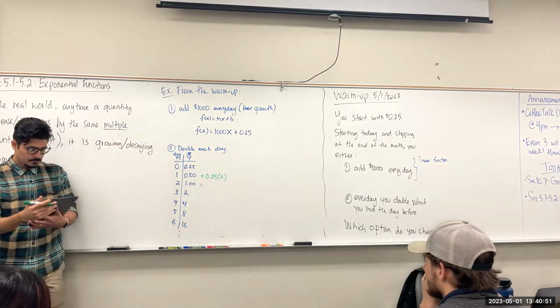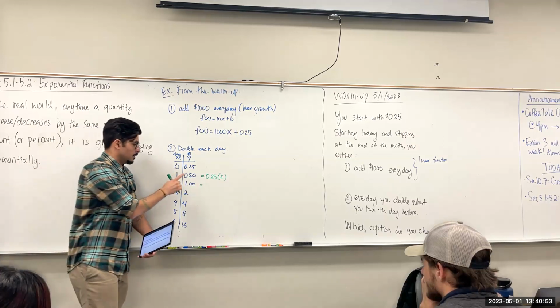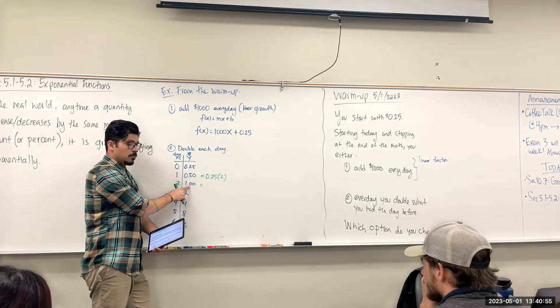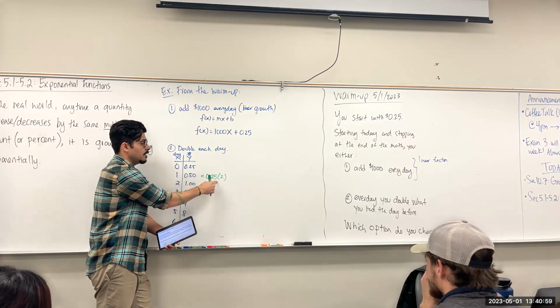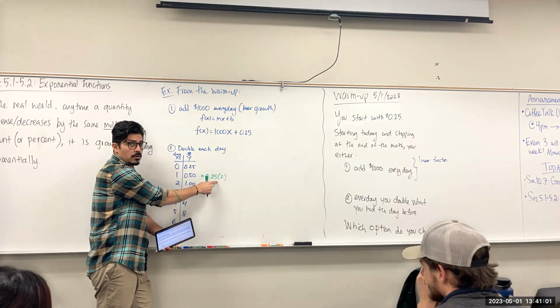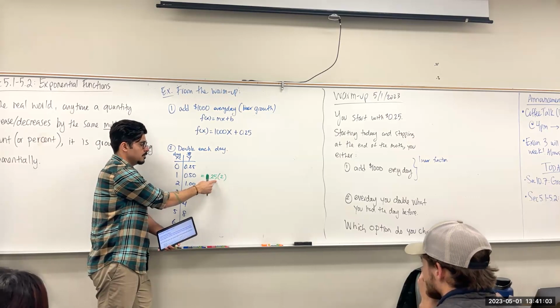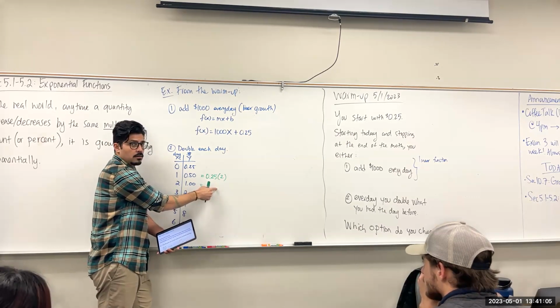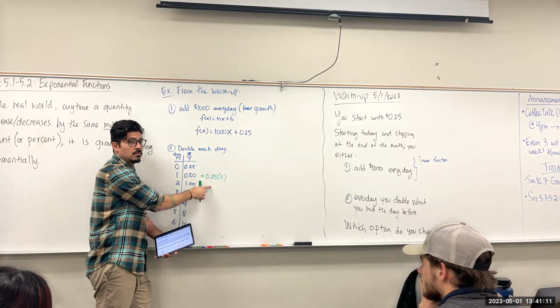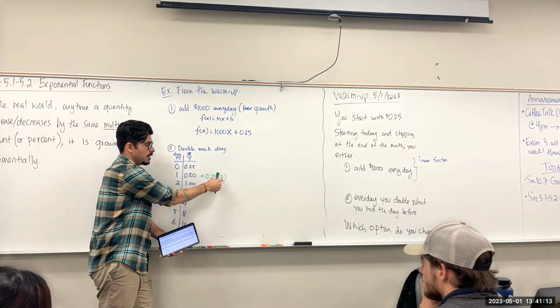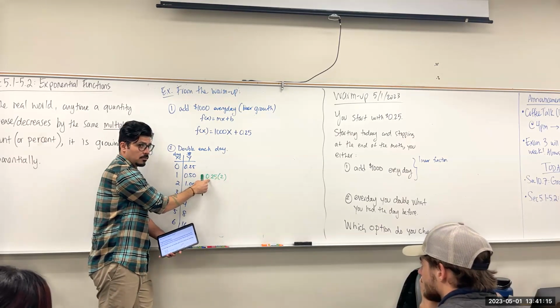Okay. This number, you multiplied this by 2, right? That means that you multiplied this by 2. Is that okay? So how many times have I multiplied by 2? 2. Here I multiplied 25 cents by 2.